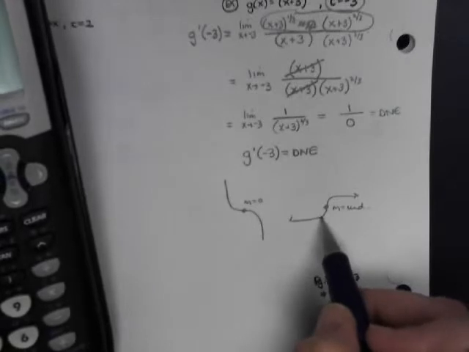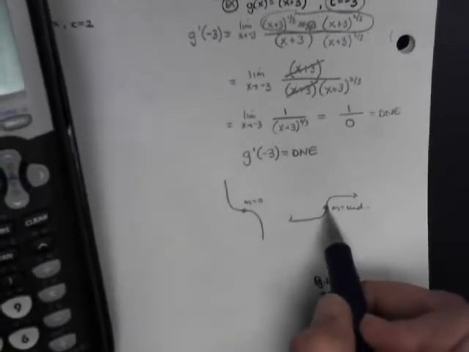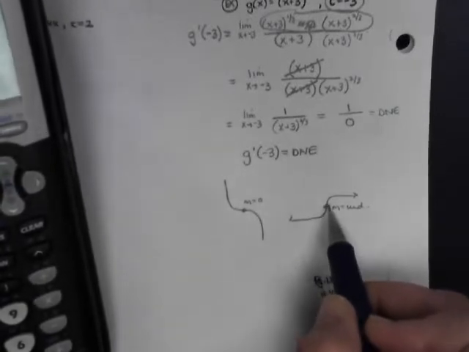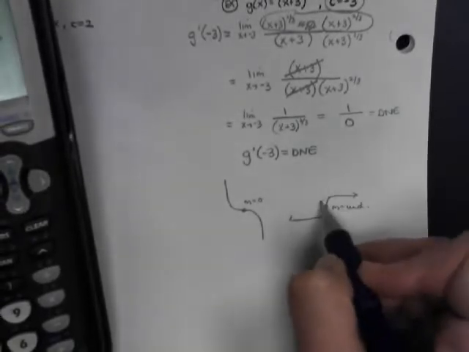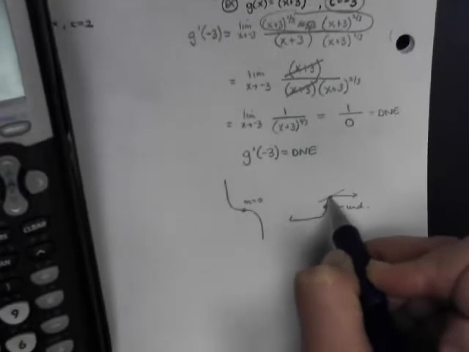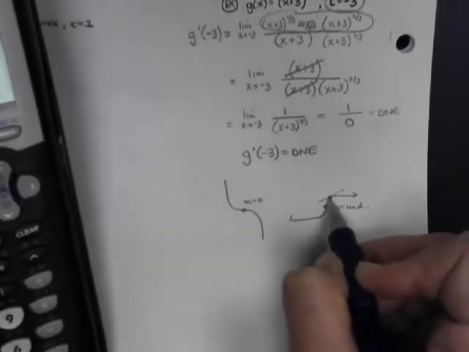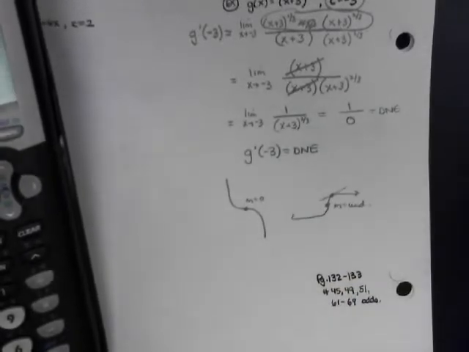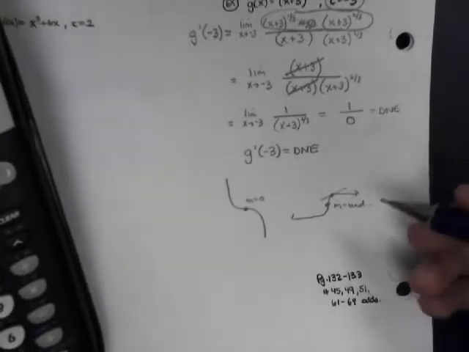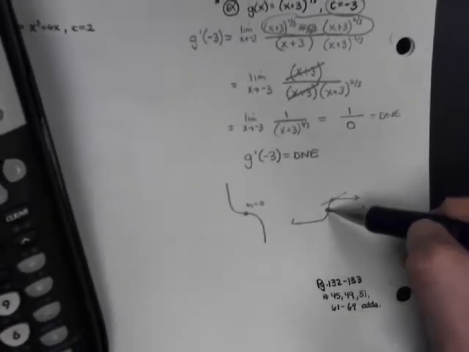So like every location has a tangent line, and the slope at that location is the same as the slope of its tangent line. So for example, right here, whatever the slope of that tangent line is the same as the slope of the function at that location. Well, right here, your tangent line is a vertical tangent line. So the slope of a vertical line is undefined, which means the slope of your curve right there at -3 is undefined.